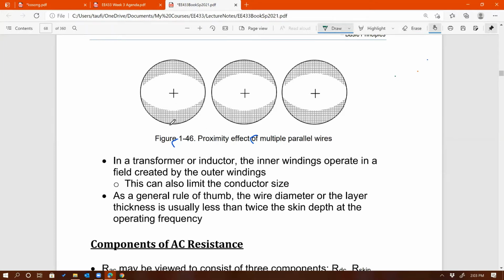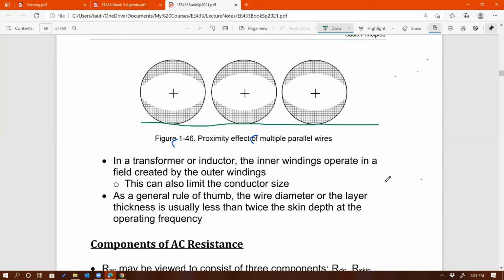And notice that this is a common configuration, right? This example, where you have three conductors sitting next to one another, could be formed by windings.